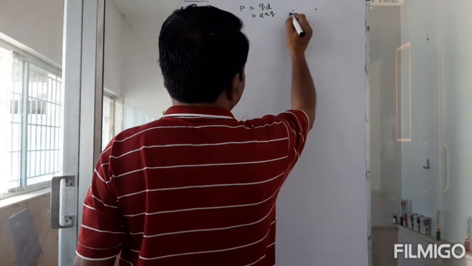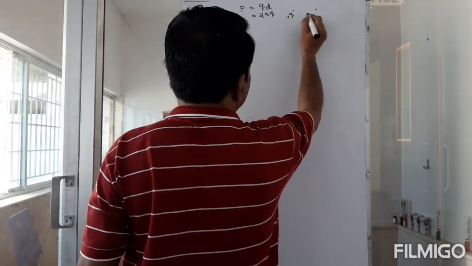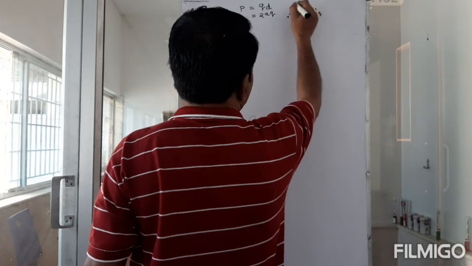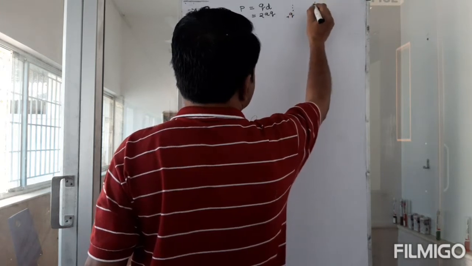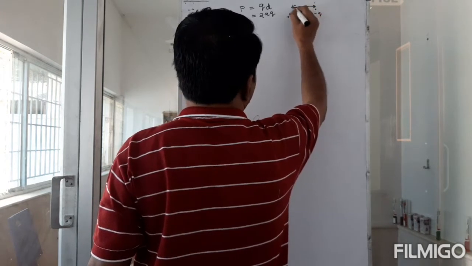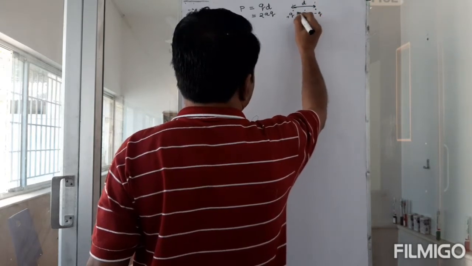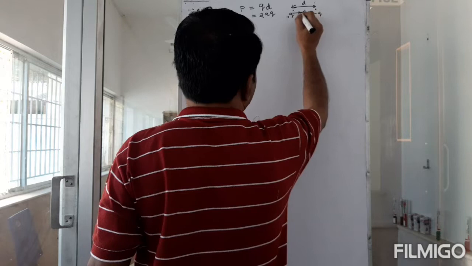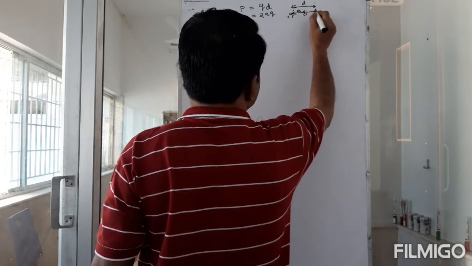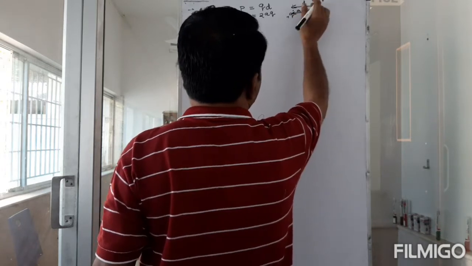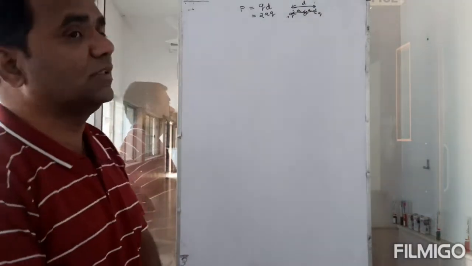So if I have a positive charge here, plus Q, and then minus Q here, then I called the whole separation D. But if we take the center of the dipole, which is O, let's say, then this is A, and this is A, so D is equal to 2A. So this is what we said.